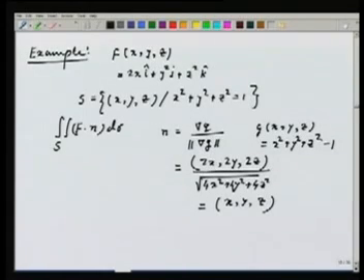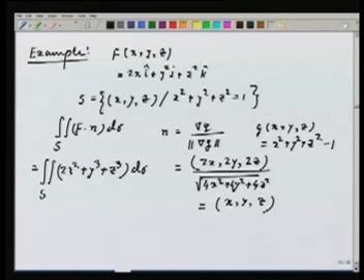Then the integrand over S, f dot n, is 2x squared plus y cubed plus z cubed, and then d sigma, which I can calculate.